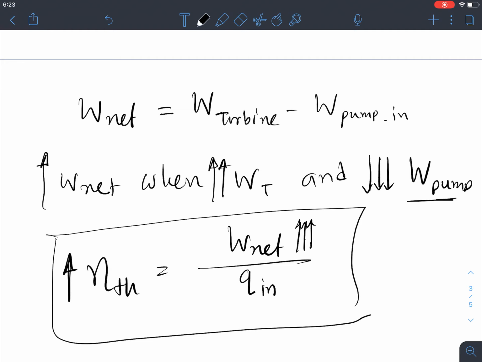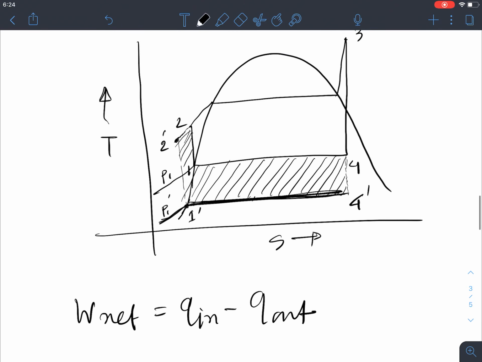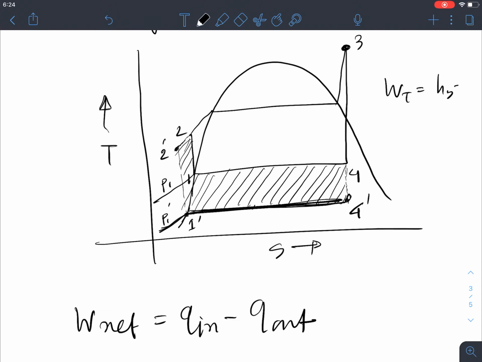Again, how is the W pump reduced here? You can see the pressure is relatively lower compared to point 2. So the pressure from point 1 prime to 2 prime is relatively lower than from 1 to 2. Another thing is that when we reduce the condenser pressure, the turbine work W_T equals H3 minus H4 prime.